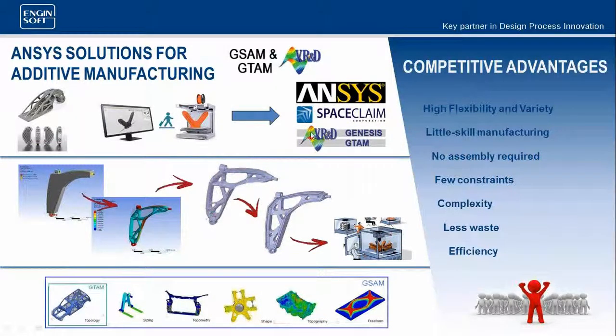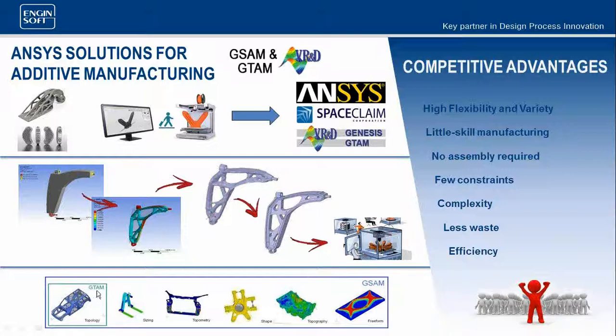For GSAM, you can see the integration of BETA CAE Genesis inside ANSYS, exploiting the ANSYS Mechanical capabilities and SpaceClaim. You can see all the process in this case and the possibility to integrate this simulation and design process in your engineering decision process, also using the 3D printing machine, for example.